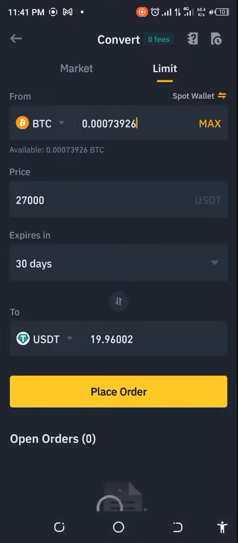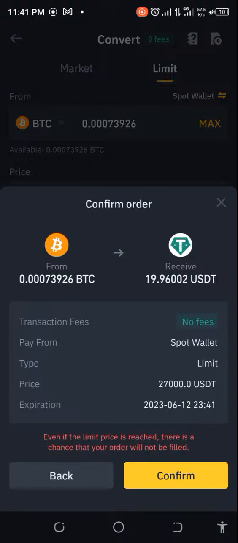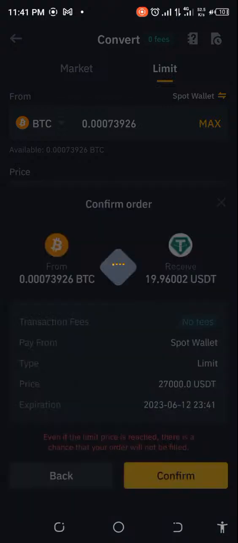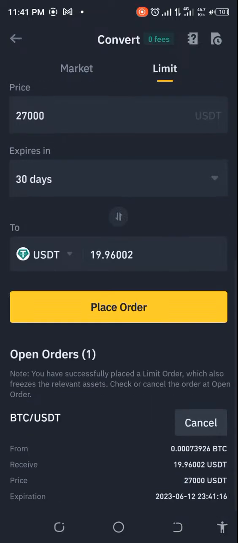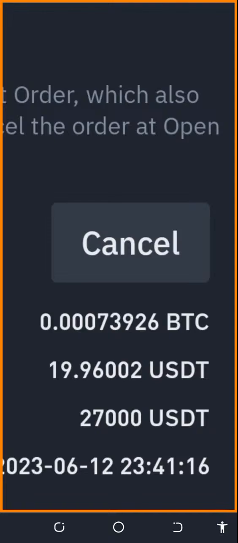I'm going to work with that. So let's go ahead and place the order at 27,000. Good. Let's go ahead and do that. So this is supposed to give us 19.96, which is like 10 cents more. Well, let's see how this goes.